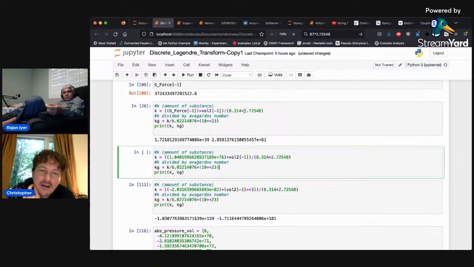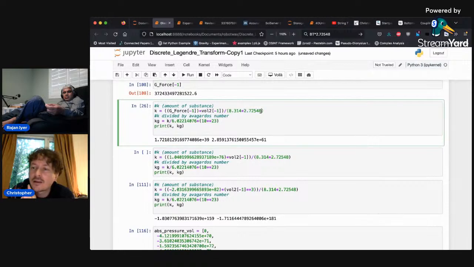I don't remember how I got that because I lost all my notes during that computer crash I had. It might be in one of the videos we've recorded previously, or in a paper I've written. And then divided by Avogadro's number. So this is the amount of substance in the universe.